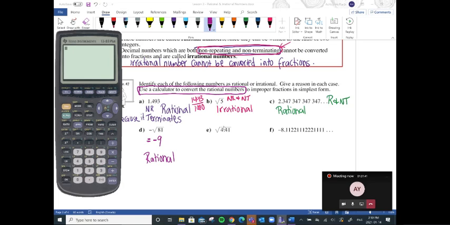So if we look at E, the square root of 4.41, let's type that in. It equals 2.1. So that is non-repeating and terminating.